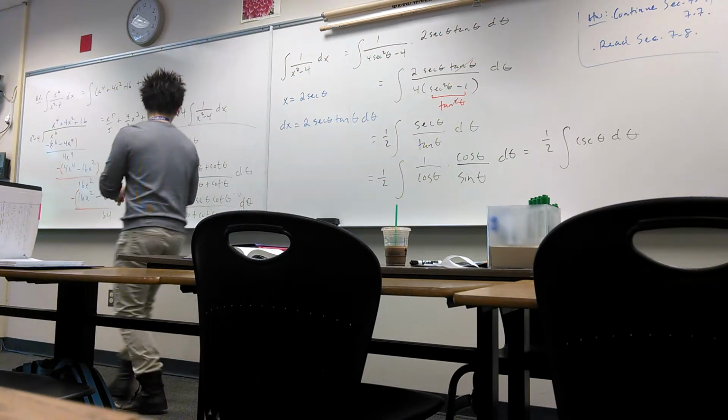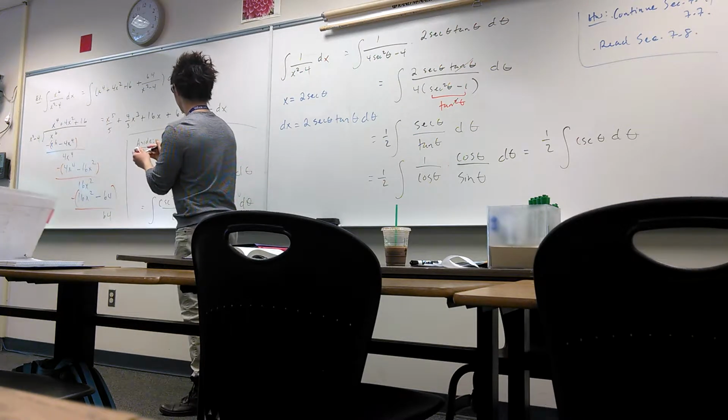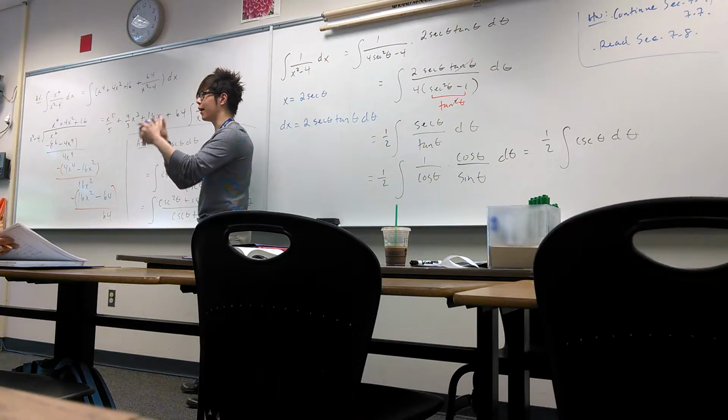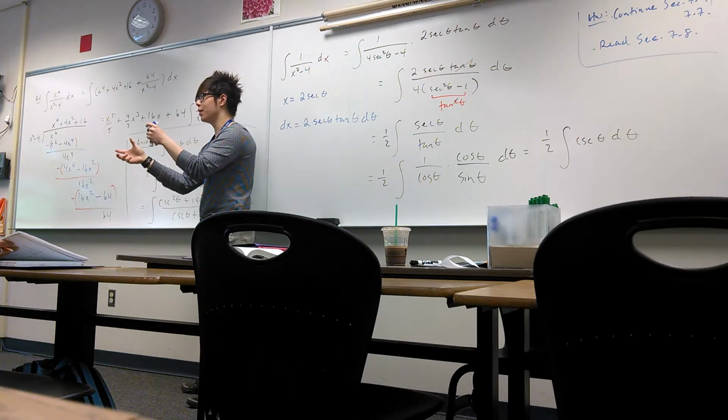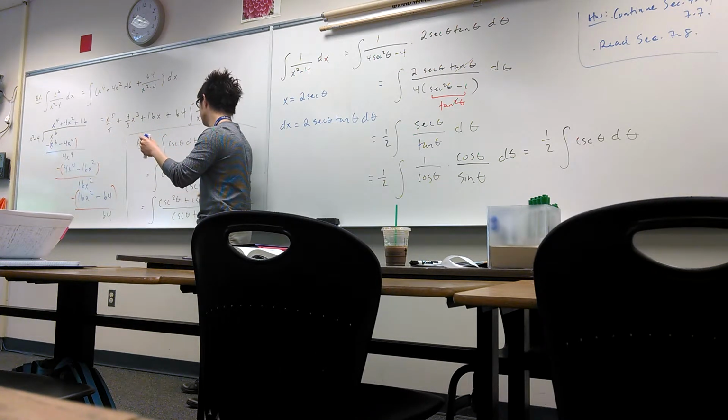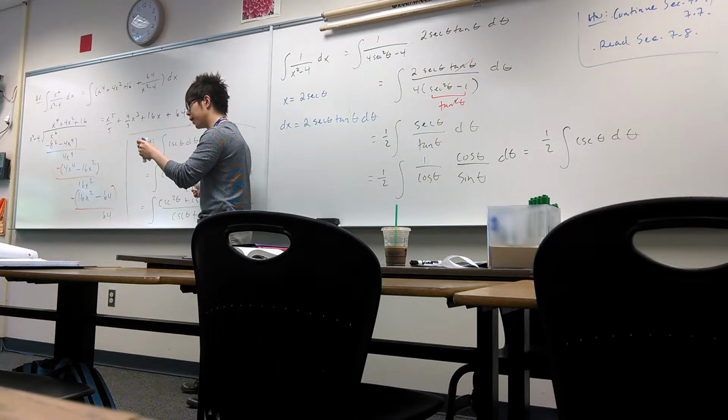Let's check if this is right. If you remember, if this was secant, you multiply by secant plus tangent on the top and the bottom, right? And then what did we do? We did a u sub, and the reason the u sub worked was because the derivative of the bottom was the top, right?